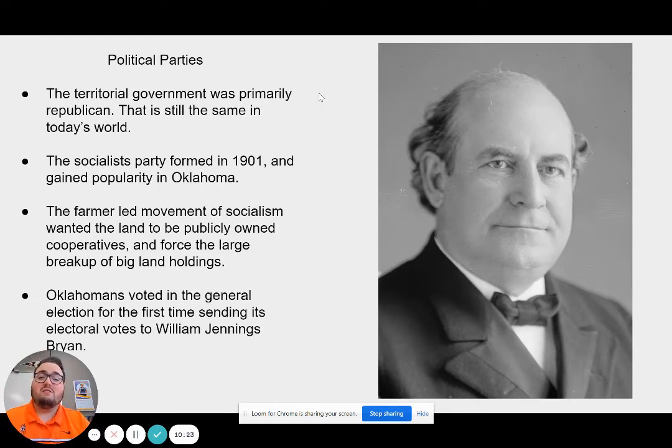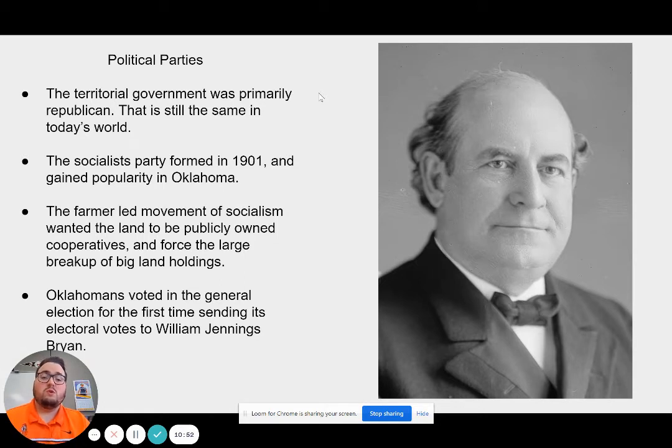Now, back in the day around statehood, this was not the case. It was quite a split between Republican and Democrat, and eventually the socialist, that we're going to talk about on this slide. The territorial government was primarily Republican. We had talked about this when the state was wanting to split, that Oklahoma on the east side, being the state of Sequoia, was going to be predominantly Democrat, and the western part of the state, with a lot of the immigrants and different things like that, were predominantly Republican.